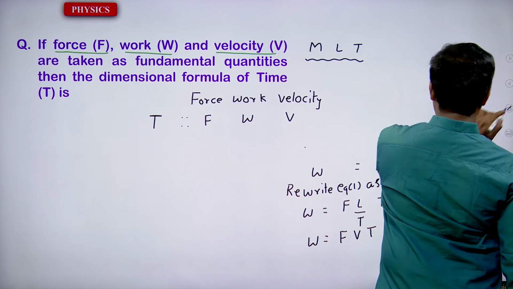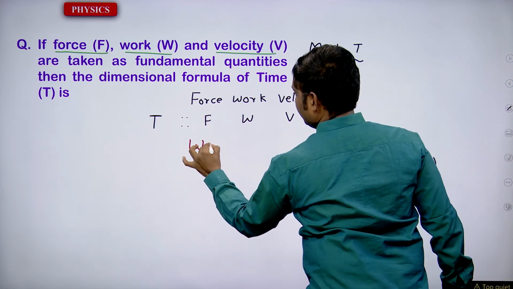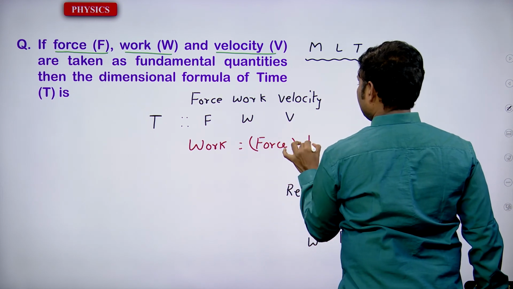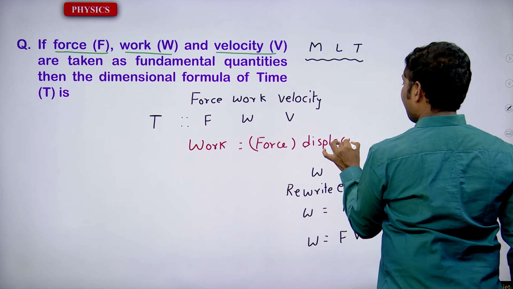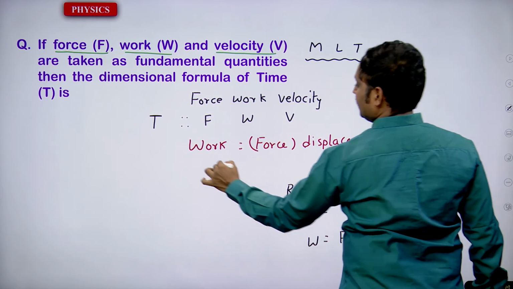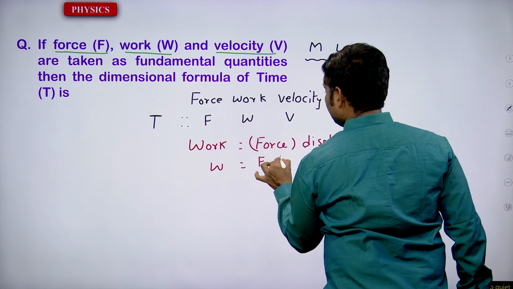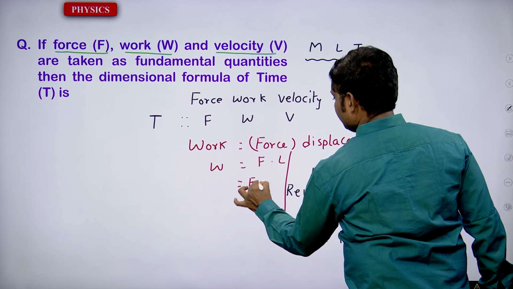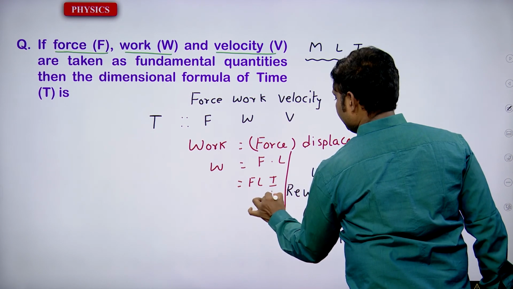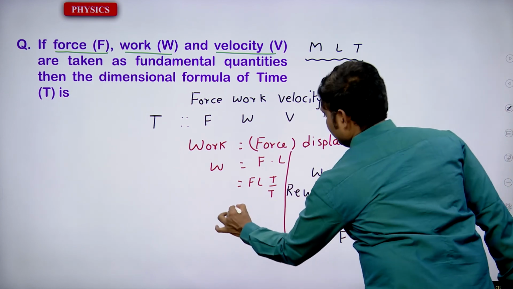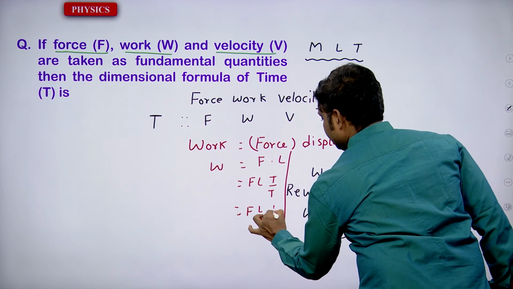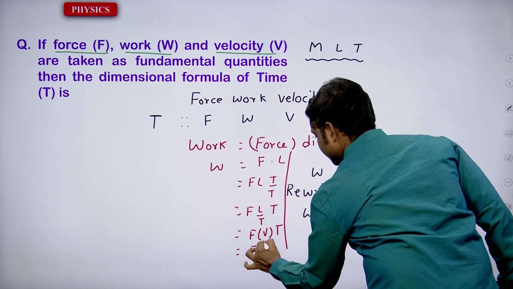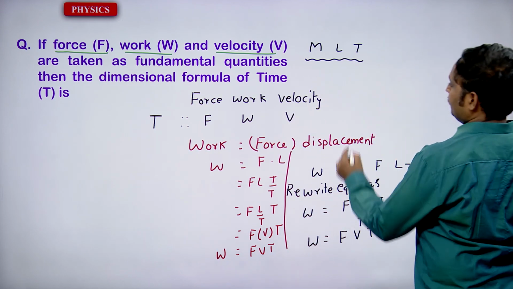Therefore, W is equal to force into L, which is F L. Just multiply and divide with T, that is F L by T and T, which is equal to F V T. You know very well about that.